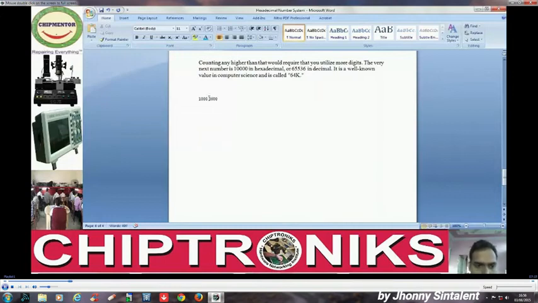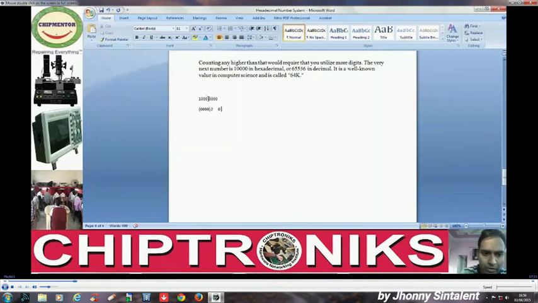So put a space. Now you convert this into the decimal number system. This is binary, so we have to convert it into decimal. The zeros will all be 0 in decimal.